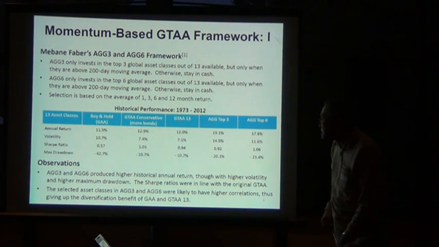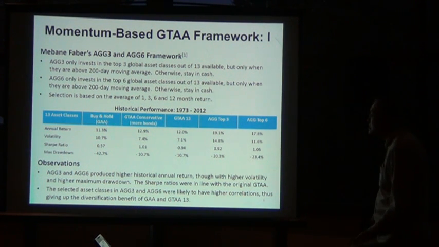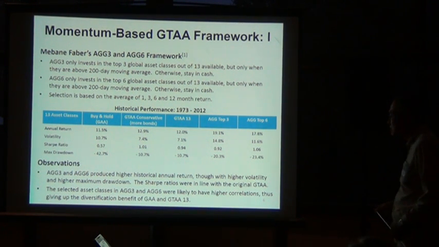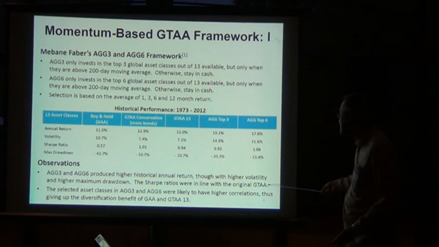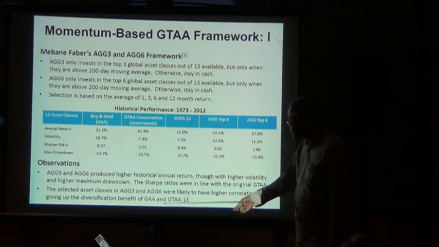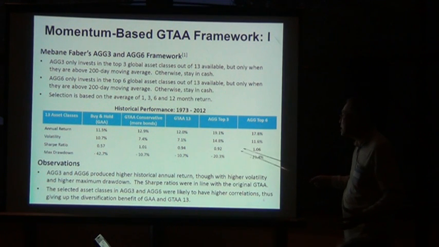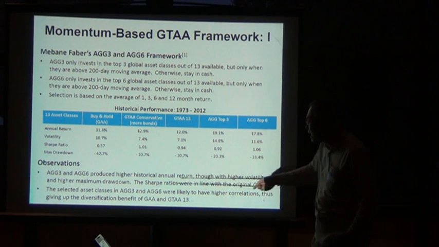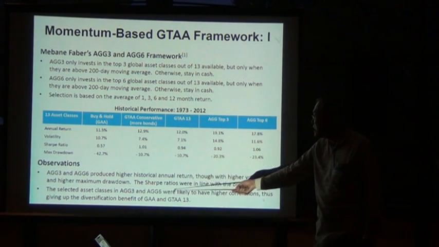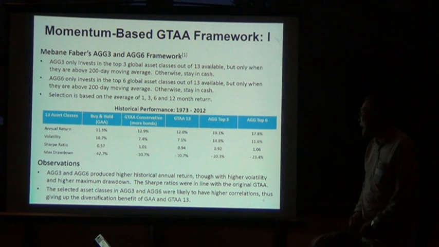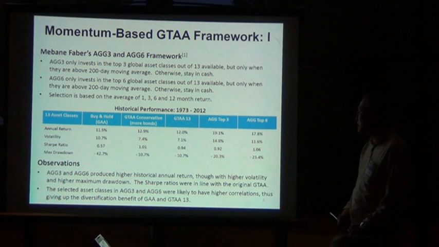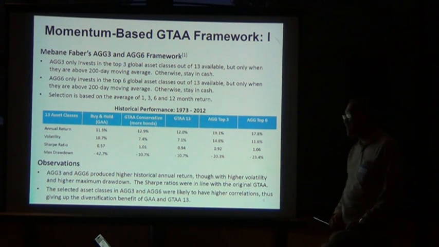high. So what we are seeing here is that AGG3 and AGG6 produce high historical annual return, though with higher volatility and higher maximum drawdown. Sharpe ratios were in line with the GTAA. The reason we have higher volatility and higher drawdown is that the selected asset classes in AGG3 and AGG6 were likely to have higher correlation, thus giving up the diversification benefit of GAA and GTAA 13.